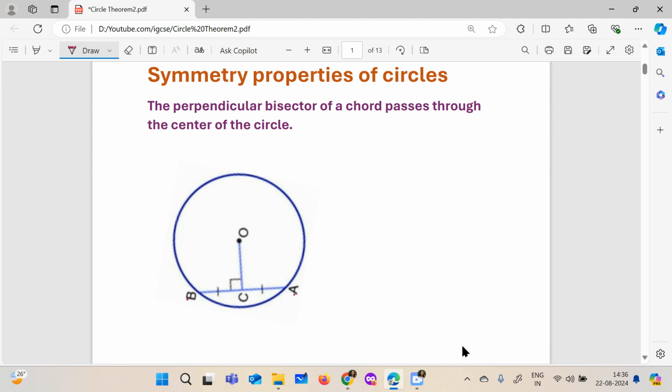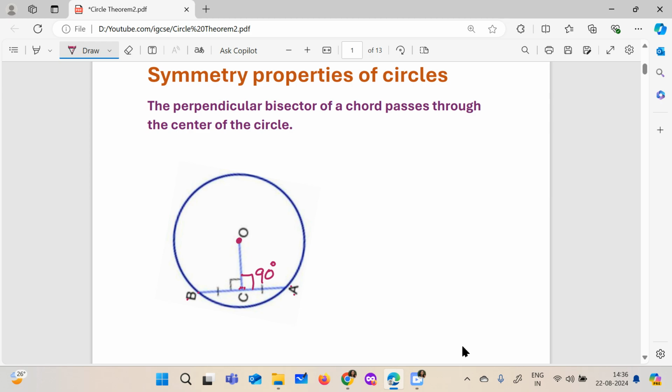What it says is that the perpendicular bisector of the chord, this chord is bisected by this line, and it is a perpendicular bisector. Perpendicular bisector means it forms 90 degrees on the chord. When this is a perpendicular bisector, then definitely it will pass through the center of the circle. Understood?